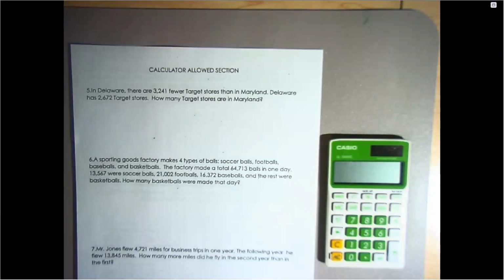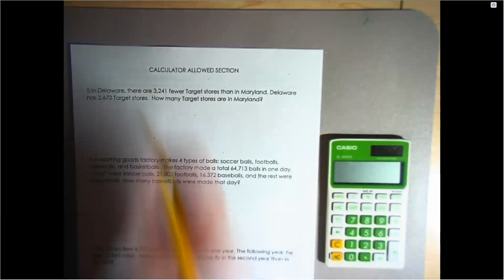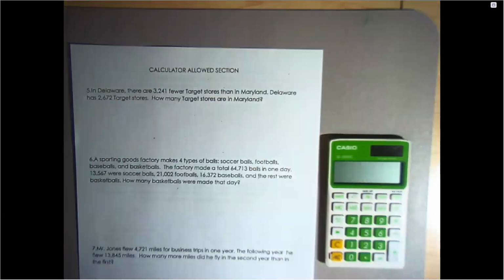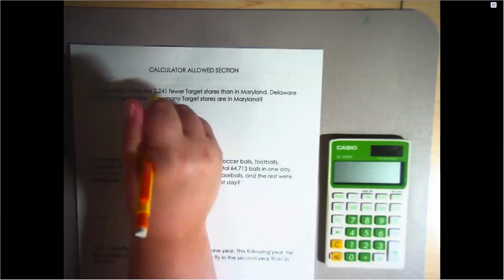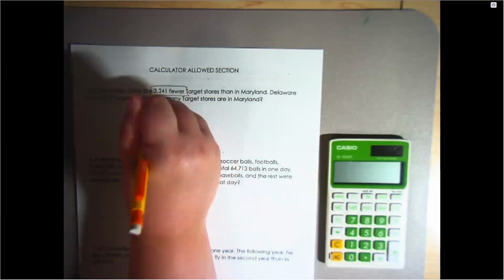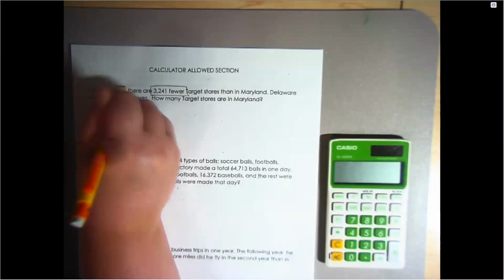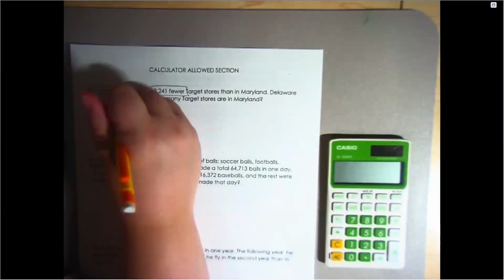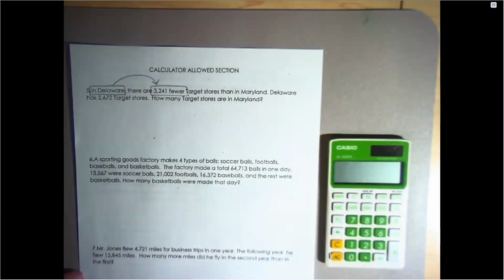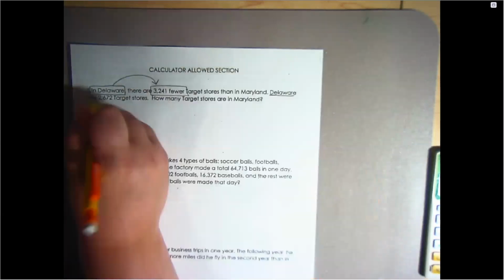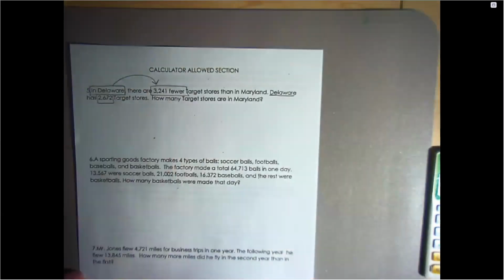Number 5, it says, in Delaware, there are 241 fewer Target stores than in Maryland. So I'm going to go ahead and box 3,241 Target stores in Delaware. Delaware has 2,672 Target stores.